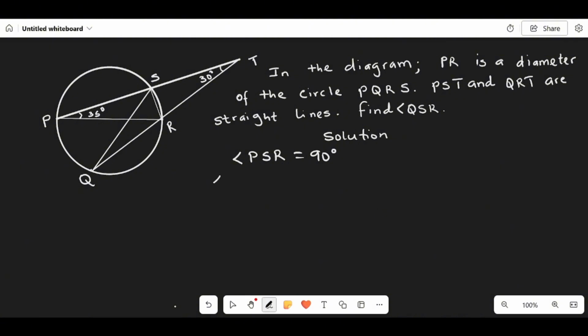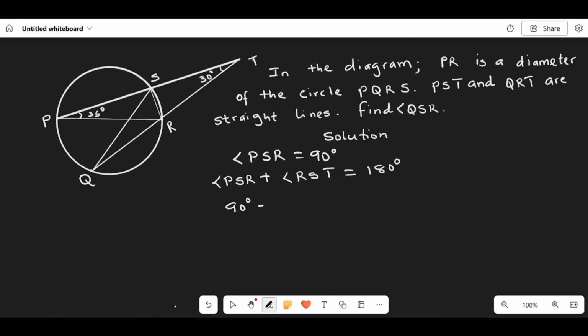So angle PSR plus angle RST equal to 180 degrees. Our angle PSR is 90 degrees. Let us substitute it into this equation.